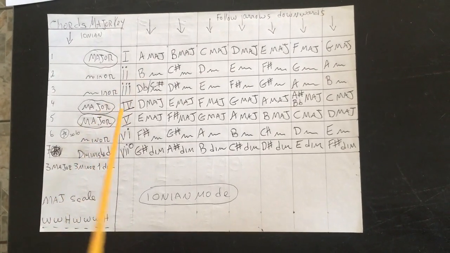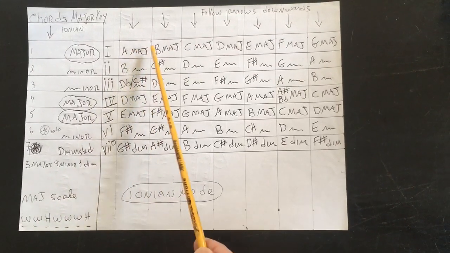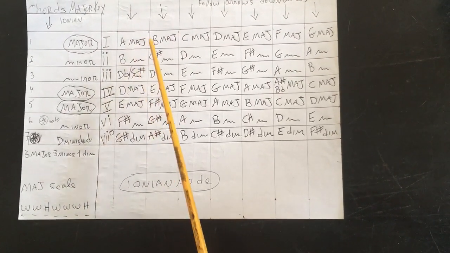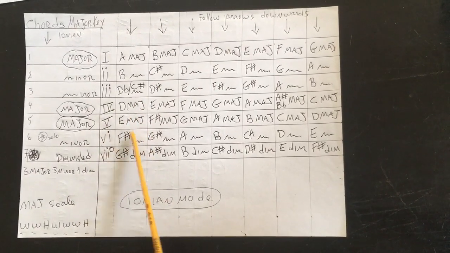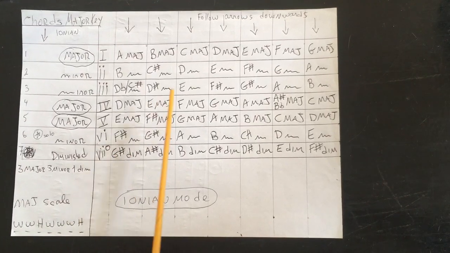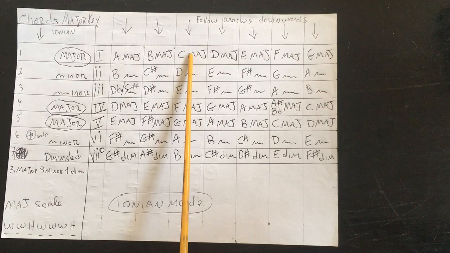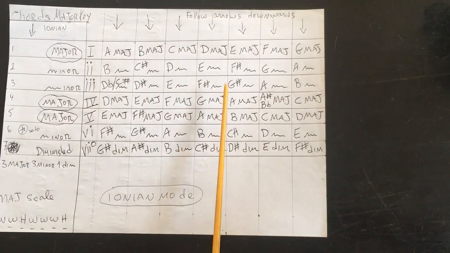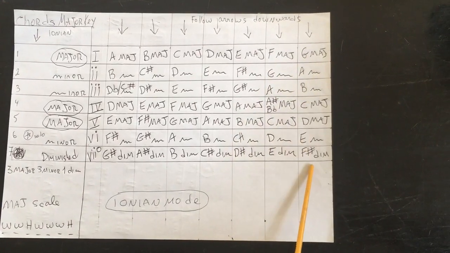So if you look over here, if you're in the key of A major, you have A major, B minor, C sharp minor, D major, E major, F sharp minor, and G sharp diminished. The same will work for the other keys, like B major, C major, D major, E major, F, and G major.